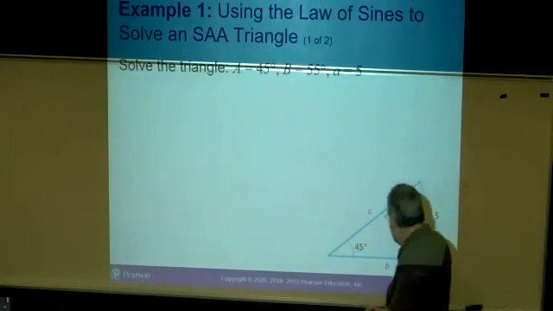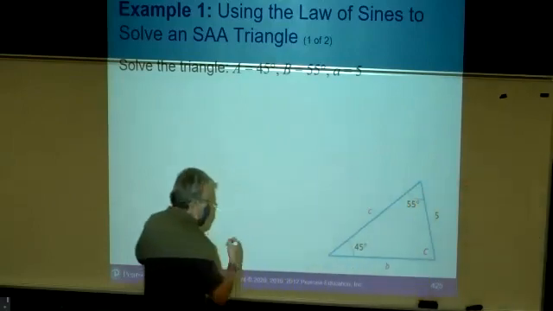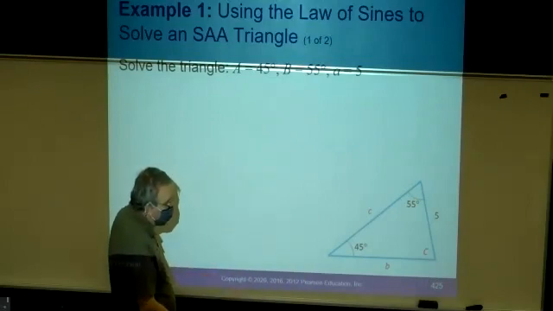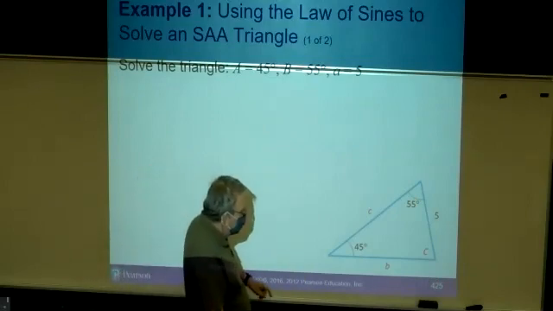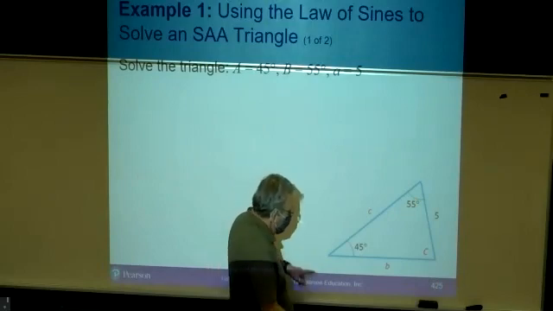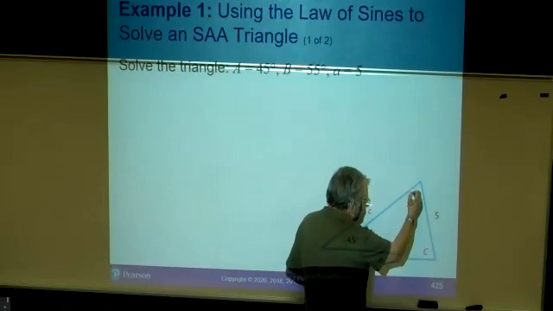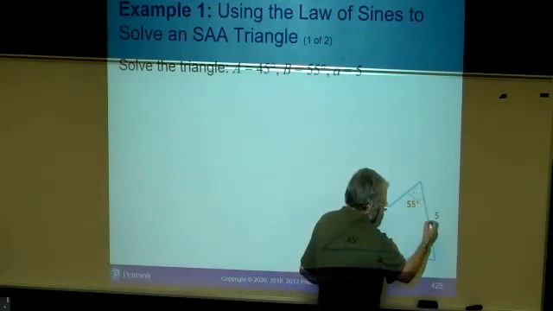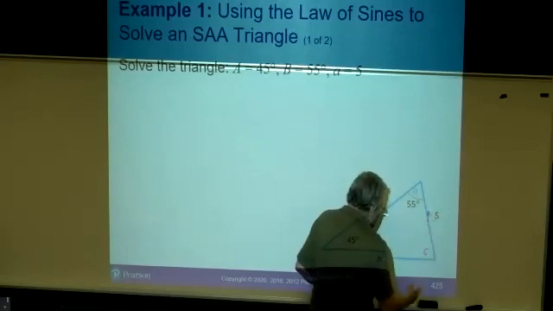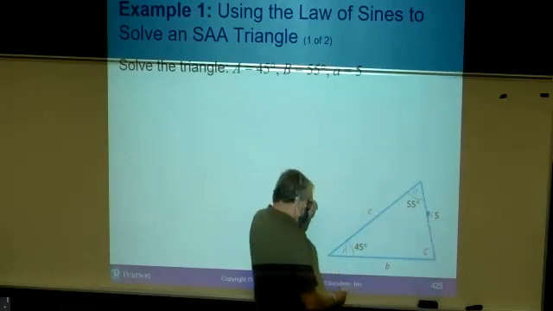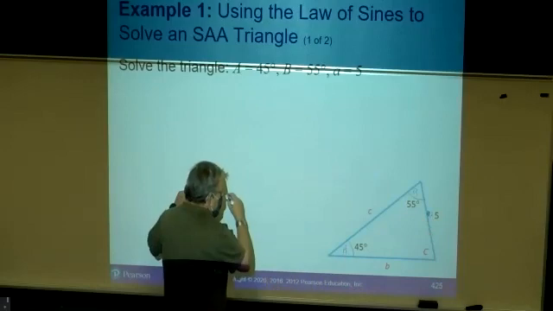What I like to do is to set it up. All right, so I'm guessing this is going to be angle A, this is angle B, this is A over here. Okay, so I set it up.